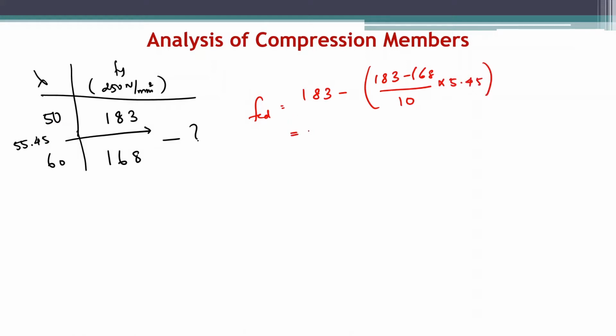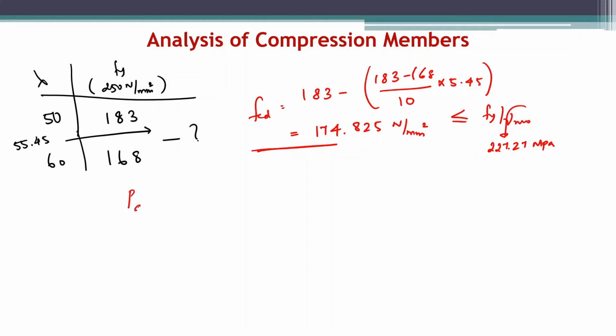This gives the design compressive stress equal to 174.825 Newton per mm square. Again, whenever you calculate design compressive stress, make sure that it is less than Fy by gamma m0. Fy by gamma m0 is 227.27 megapascal. So it is less than the maximum permissible stress.